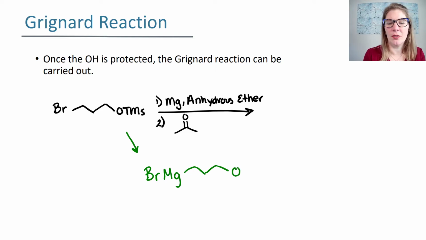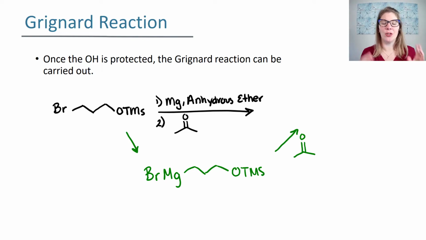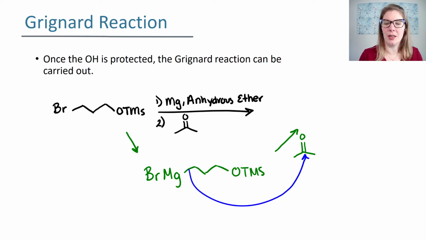Ether is just the solvent, and remember that it's anhydrous because it's without water. Then once you have created the Grignard reagent, you can add your ketone or aldehyde, and your Grignard can attack the carbon of the carbonyl.